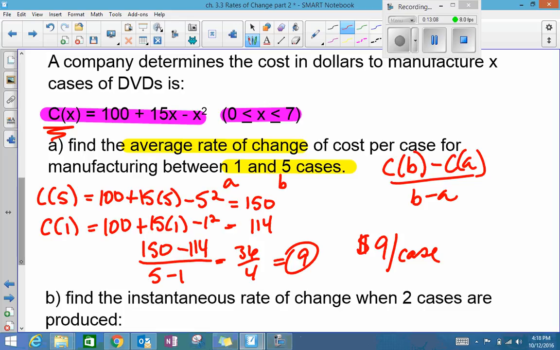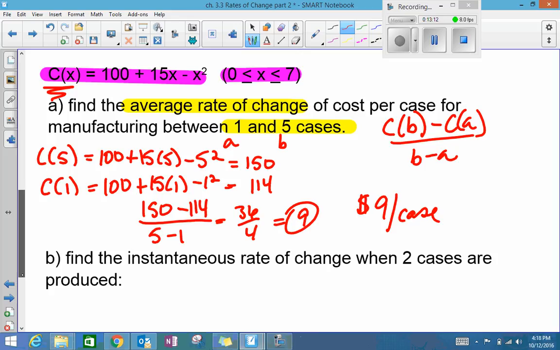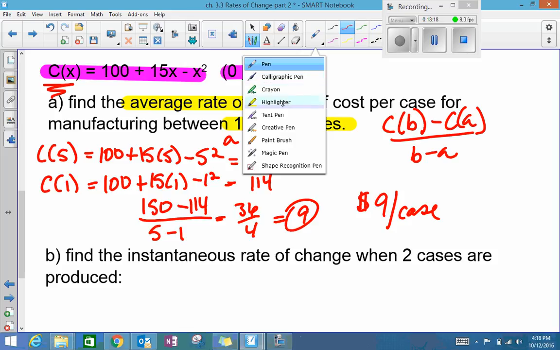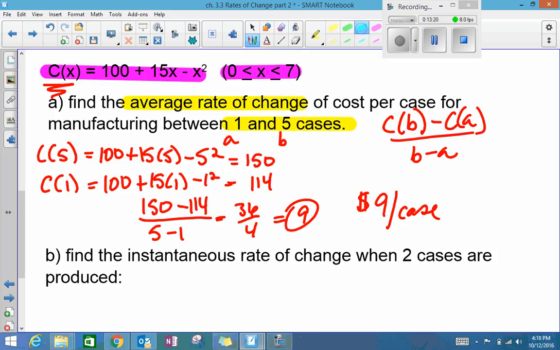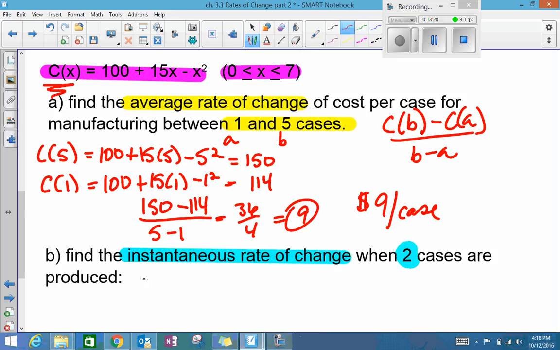Now, next problem's a little bit different. It asks us for the instantaneous rate of change when 2 cases are produced. So now we want to find out not the average rate of change over an interval, but the instantaneous rate of change when x equals 2. So now we're going to apply our limit formula.